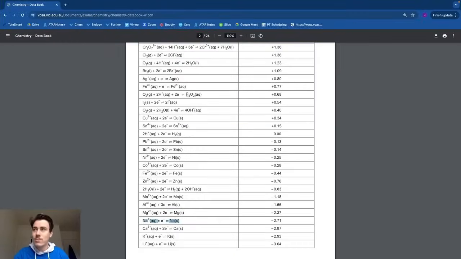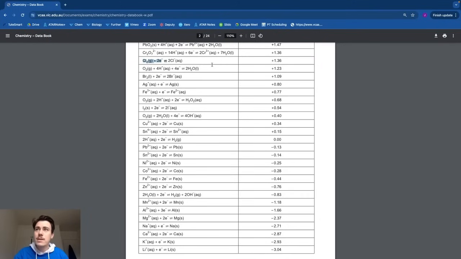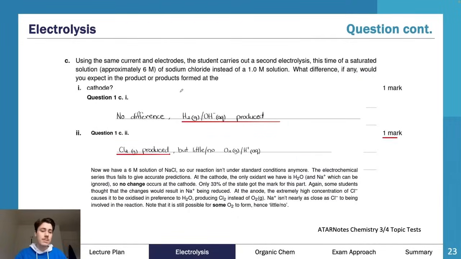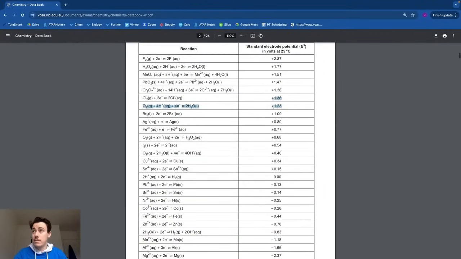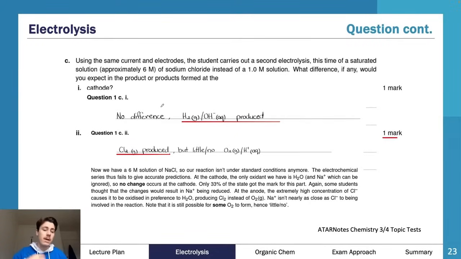And just say that according to the electrochemical series, Cl- and 2H2O are quite close to each other and have a minimal electropotential difference. Therefore, by increasing the concentration of the Cl-, I will find that the Cl- will likely become a stronger reductant, and therefore I will get more Cl2 gas produced.